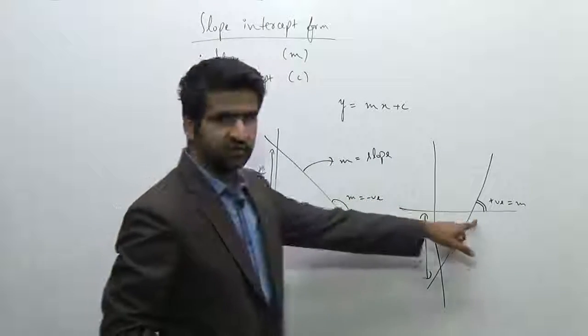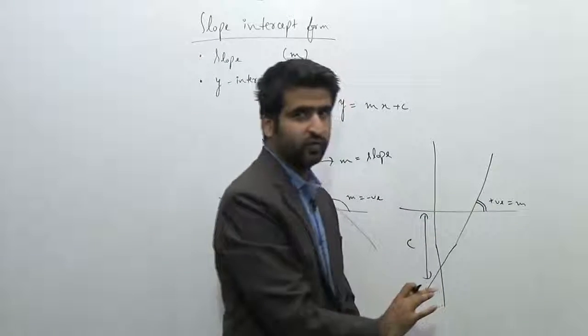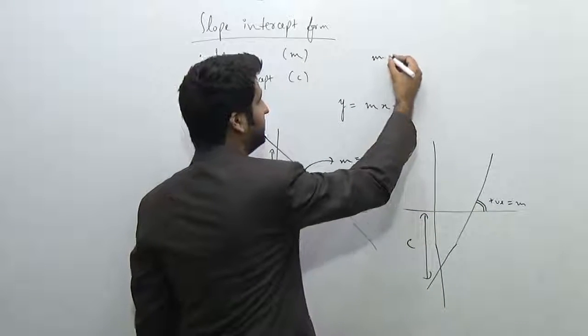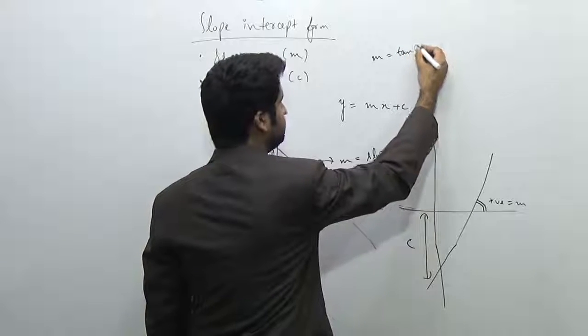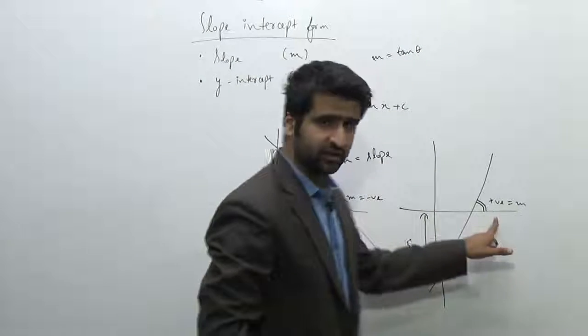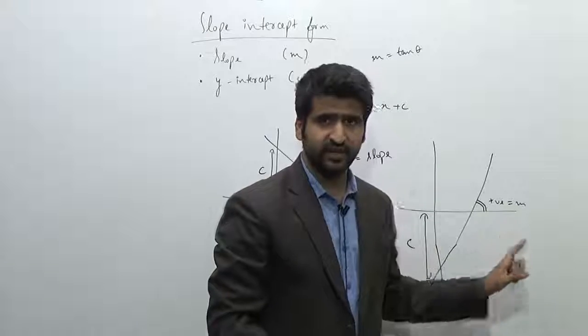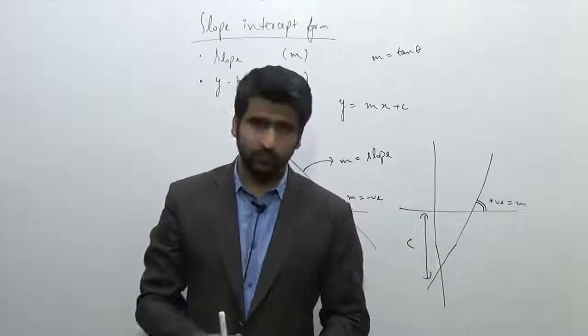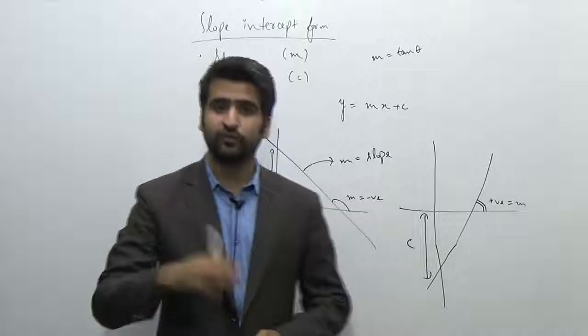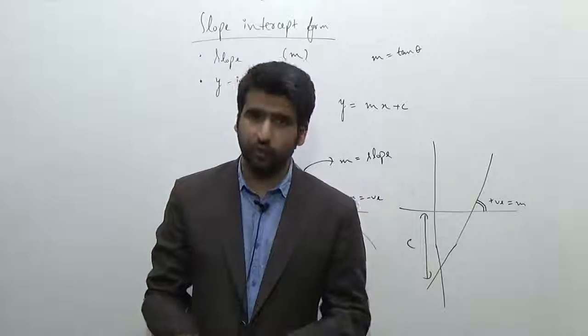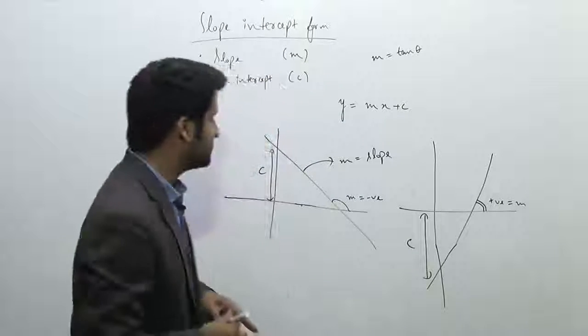Why in this case is it positive? Because the angle is acute. Slope is nothing but tan theta, as we discussed, and tan theta is positive when the angle is less than 90 degrees, and tan theta is negative when the angle is greater than 90 degrees, or the angle is obtuse. So these are some basic facts.